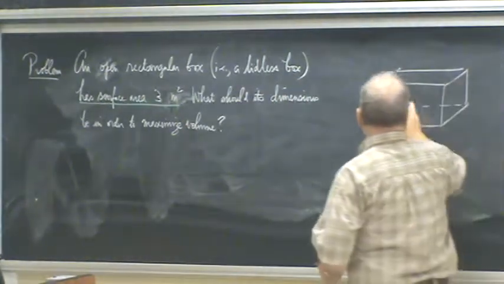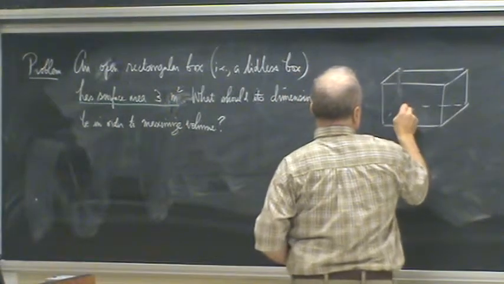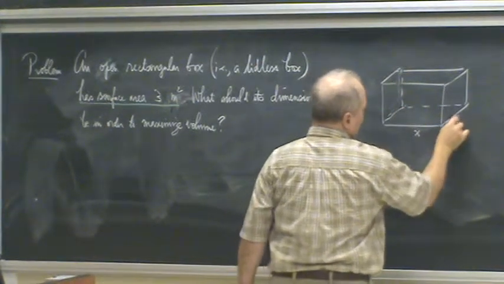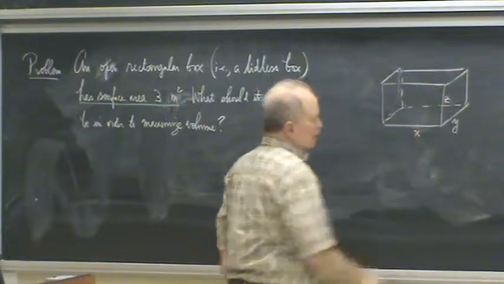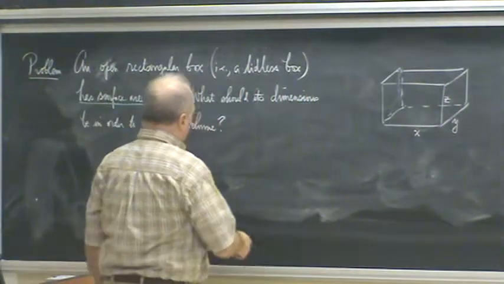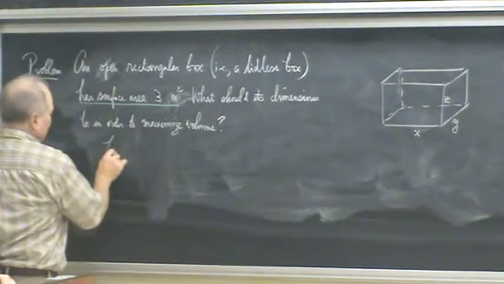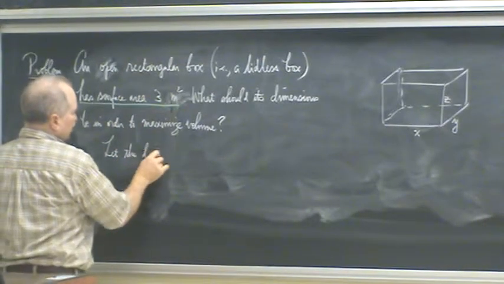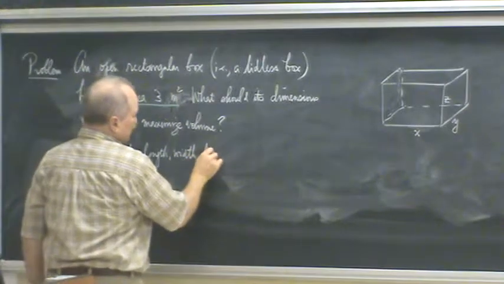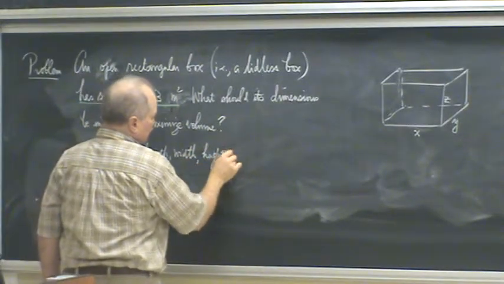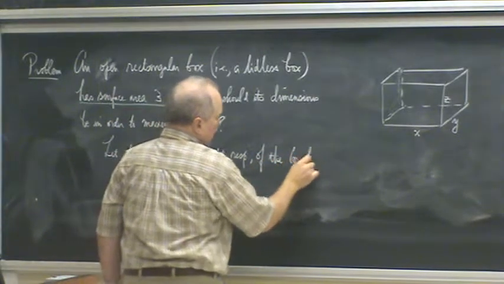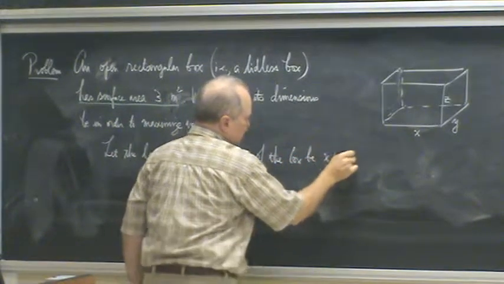So if you write down x, y, and z as your dimensions of your box, as usual, let the length, width, height, respectively, of the box be x, y, and z.